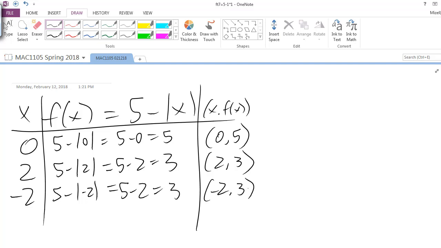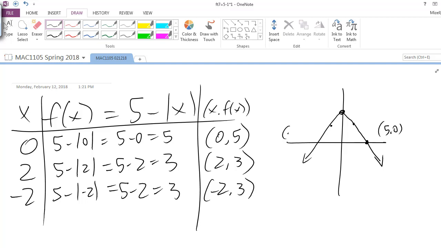We'll talk more about symmetry in an upcoming section, but it can be shown here that this graph is symmetric with respect to the y-axis. It's kind of like a rooftop. That's what the shape looks like. It goes through the point (0, 5), and then (2, 3) is there, and (-2, 3) is there, and it looks like that, and I think (5, 0) is another point, and (-5, 0) is another point, and so this is the graph.